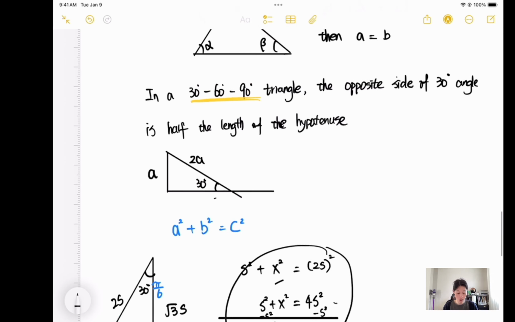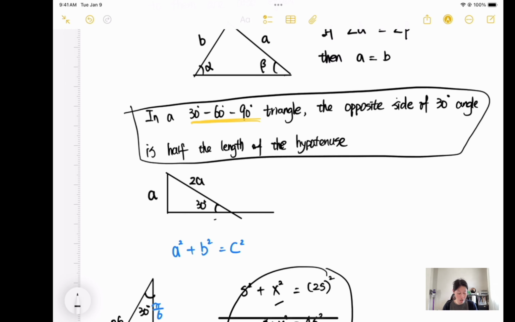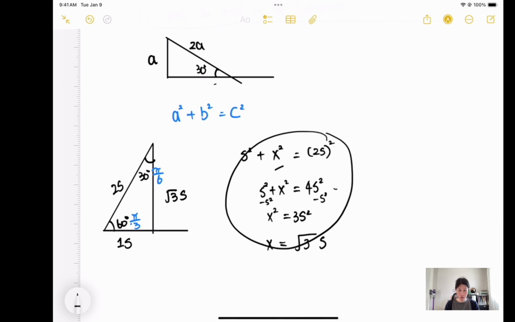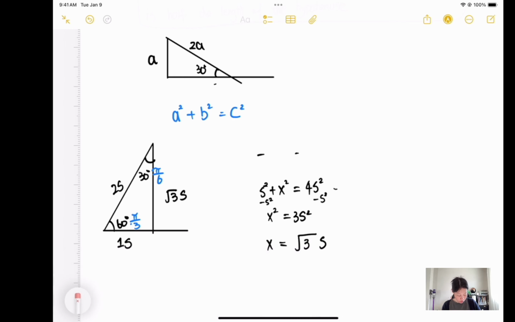But the first thing you need to remember is in a 30, 60, and 90 degree triangle, the opposite side of a 30 degree angle is half the length of the hypotenuse. Once you know that, you can find out the length of the third side. Okay, so in the future, I'm not going to show you this. I'll just go by 1, square root of 3, and 2.